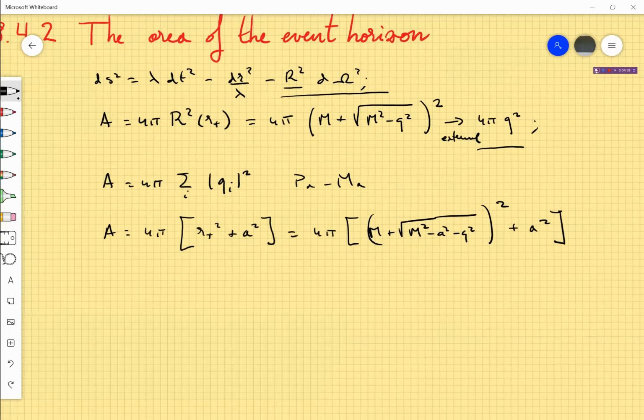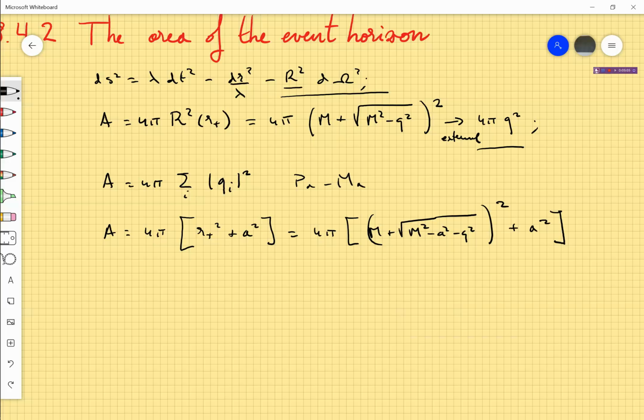We are just using the metric that survives on the horizon. If you don't like these coordinates because you suspect that they are not valid on the horizon, which is true, you go to Eddington-Finkelstein coordinates and take r equal to r plus. The g_vv term vanishes because it is lambda.